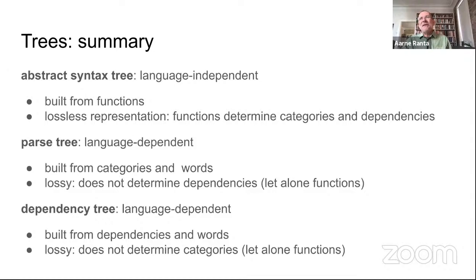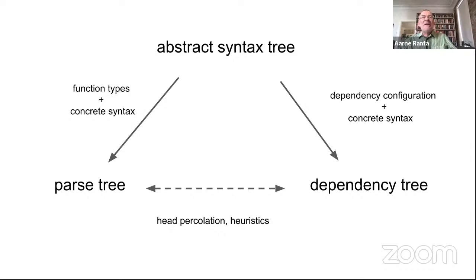But there is at least a good hope that when you have a dependency tree and this dependency configuration, you can search for the set of possible GF trees that linearize to that dependency tree. So anyway, from abstract syntax trees, you can generate both kinds of trees, and these are what you can see in the minibar illustrations or visualizations.